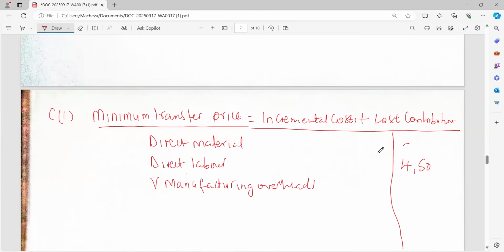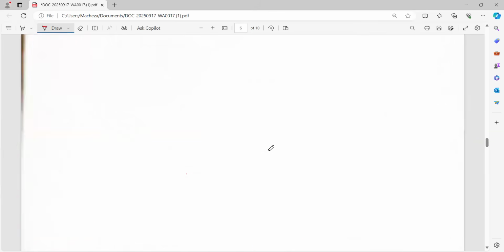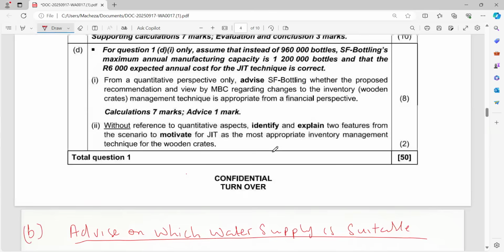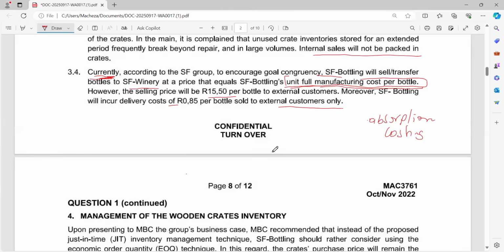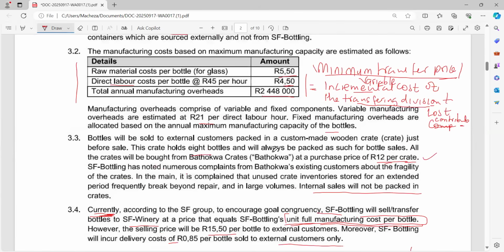Then let's go to our variable manufacturing overhead per unit. So I think we should have it here. Manufacturing overheads comprise variable and fixed components. Variable manufacturing overheads are estimated at 21 Rand per direct labor hour.